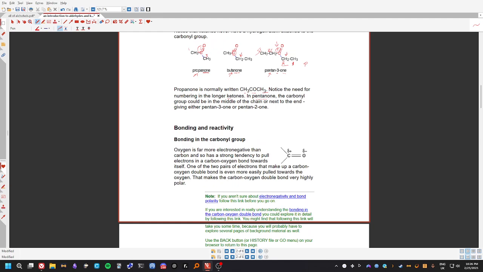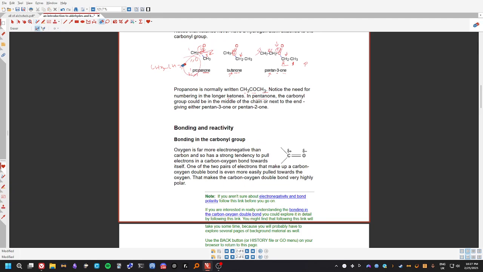Over here, if it was here, then you have CH3, CH3, C double bond O, which would not be possible because it's bonded to only 3 things. So it would probably be bonded to an H, which would make it an aldehyde.